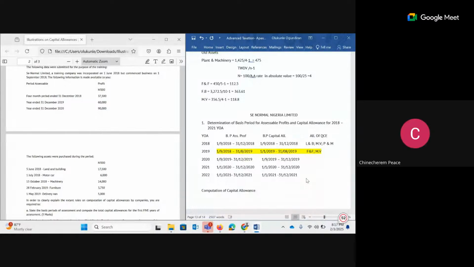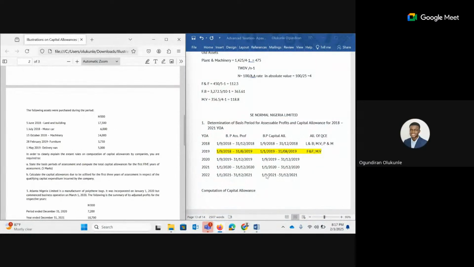So computation for capital allowances for what year of assessment? The examiner says for the first 3 years, right? So 2018 to the first 3 years, now 2020 years of assessment. Is it clear to this extent? Yes, sir.